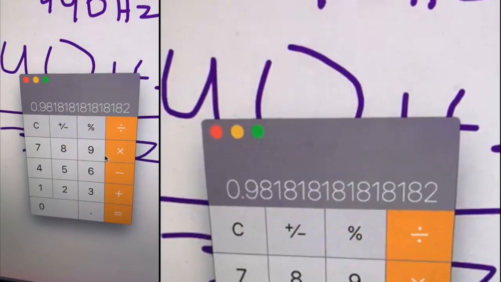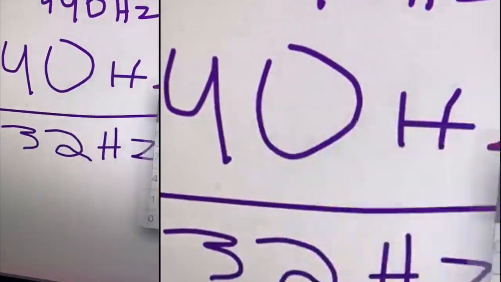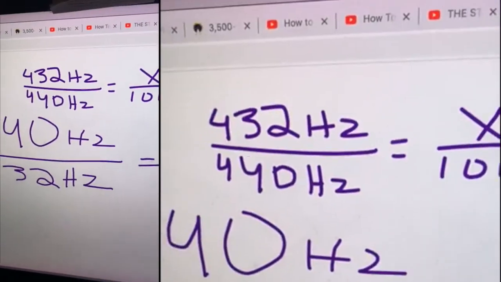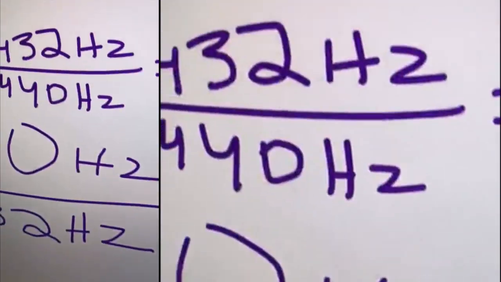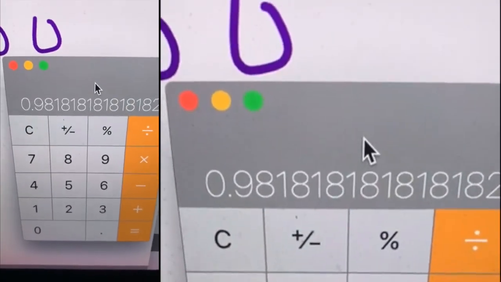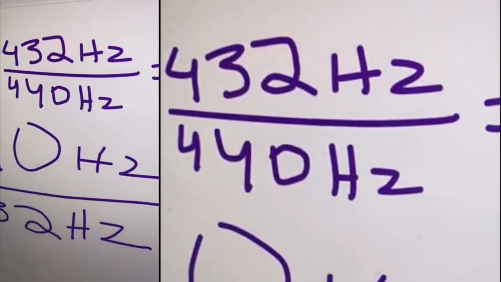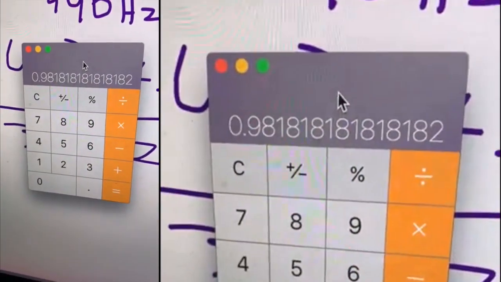So we can cross multiply to find the answer. It's telling us that 432 hertz is about 98% of the speed of 440 hertz. That's what this calculation is telling us.